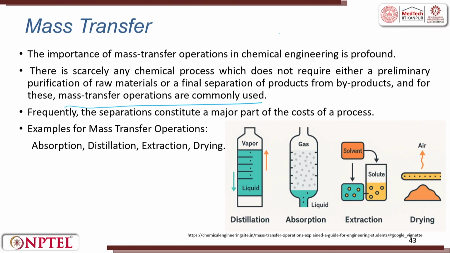Frequently, separation constitutes a major part of the cost of the process. So, there can be two types: preliminary purification of the raw material, whatever it is, extraction, and then the final product separation.